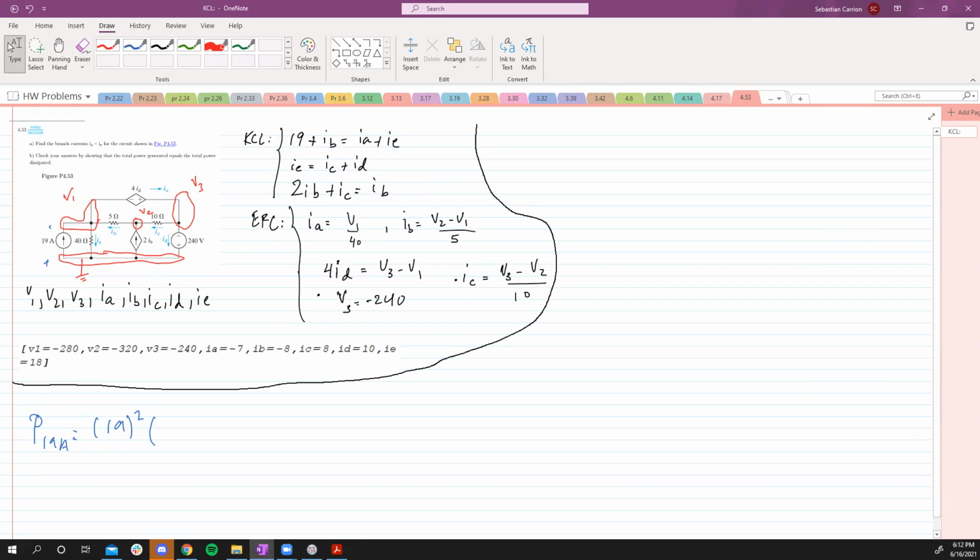We know that current is in a sense entering the positive terminal, so it's positive here, and the voltage is 280, right?